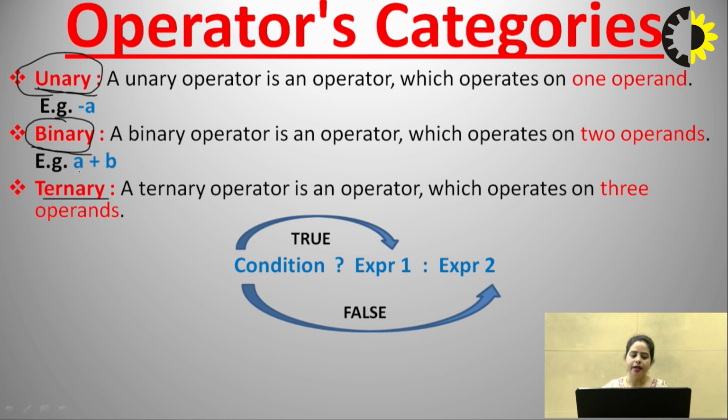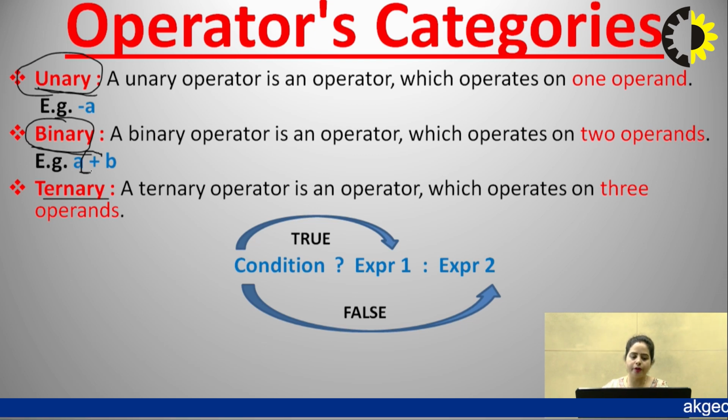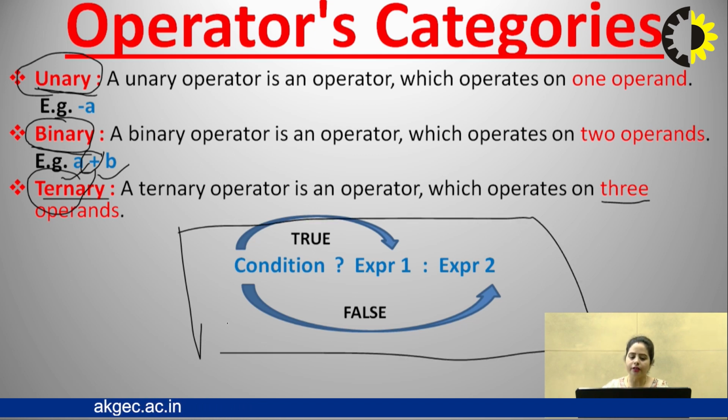For example, a plus b. This plus operator is working on two different operands, a and b. That's why this plus operator is known as a binary operator. Now coming to the ternary operator. As the name suggests, if an operator operates on three operands, then it is known as a ternary operator. This is the syntax of a ternary operator.